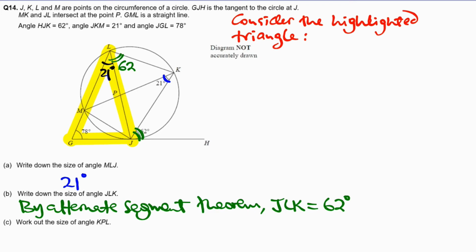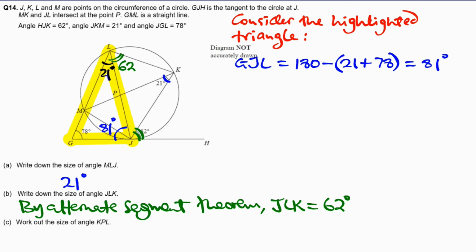I want to use that highlighted triangle to find angle GJL, to find this angle here. So GJL will be given by angles in a triangle add up to 180. So we'll just do 180 minus 21 plus 78. And the resulting answer here will be 81 degrees. So this angle will be 81 degrees.